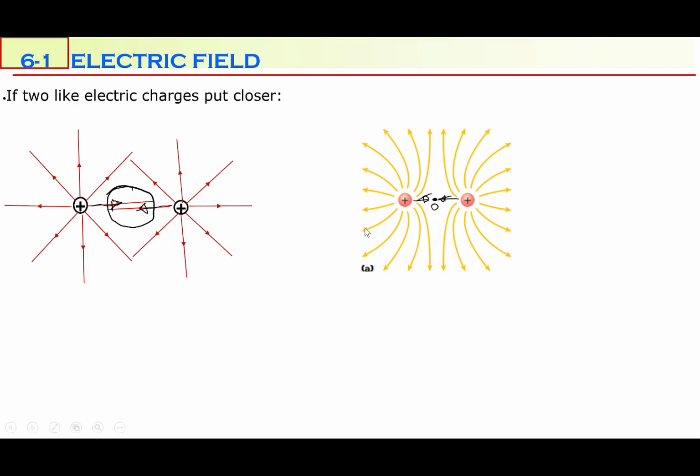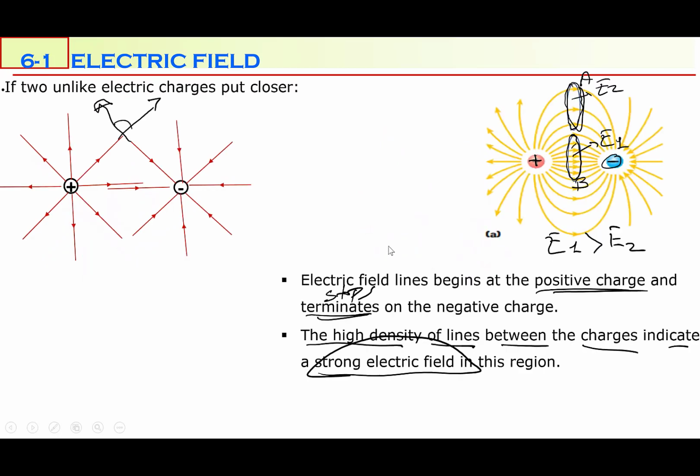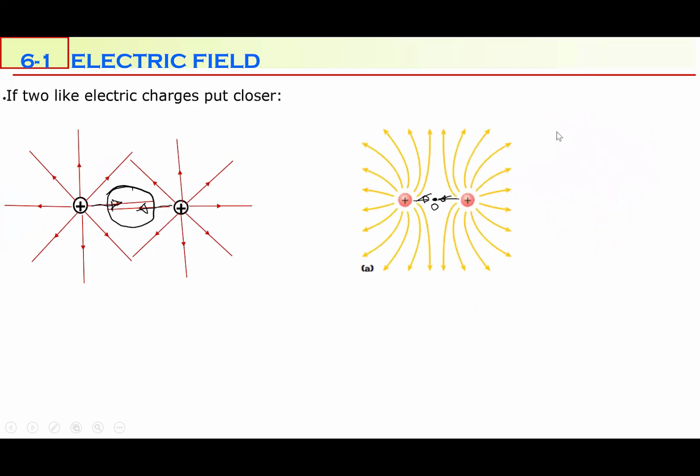So if you want to get an electric field which is stronger, you should keep two unlike charges close to each other, because electric field between the charges gets stronger. But if you want to get a weak electric field, you should keep two like charges close to each other, because electric field between these two like charges cancel each other and net electric field becomes zero.